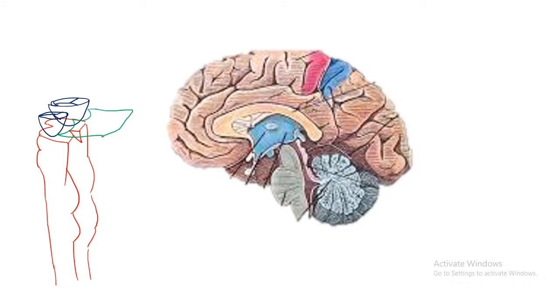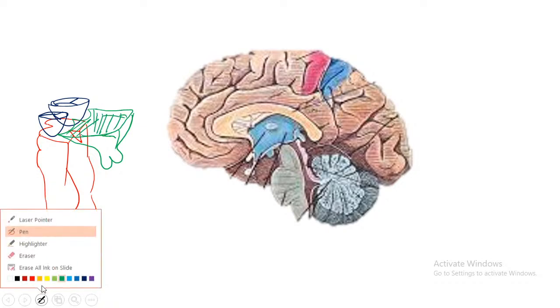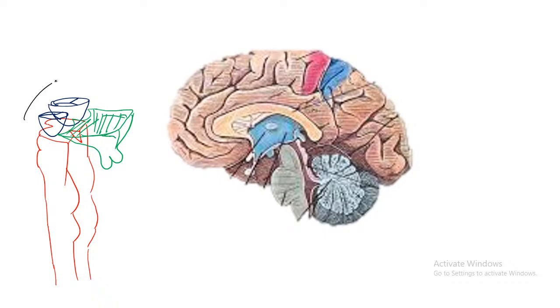This kind of structure is present in front, right? And over here we have the pituitary gland. This is the pituitary, this is the hypothalamus. Okay, and above them we have this structure.